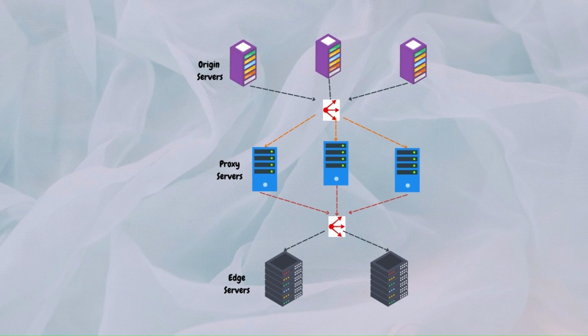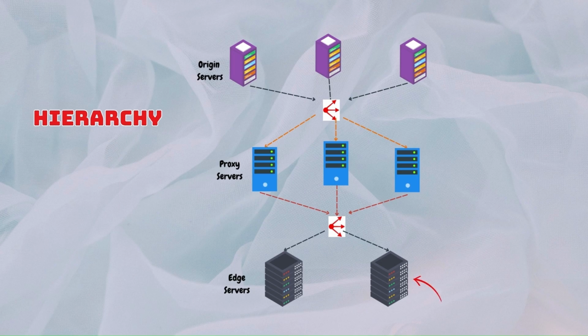In this tree-like structure, the CDN proxy servers are organized into a hierarchy resembling a tree, with edge proxy servers at the bottom and parent proxy servers above them. The edge proxy servers, which are closest to the end users, have peer servers within the same hierarchy.